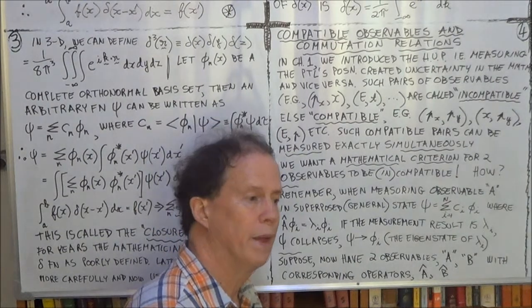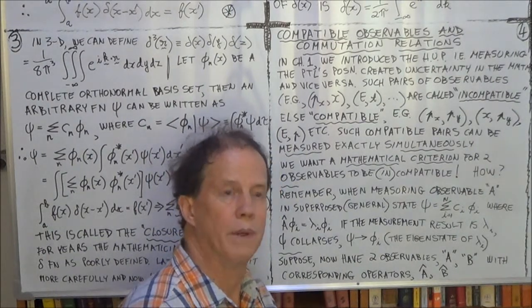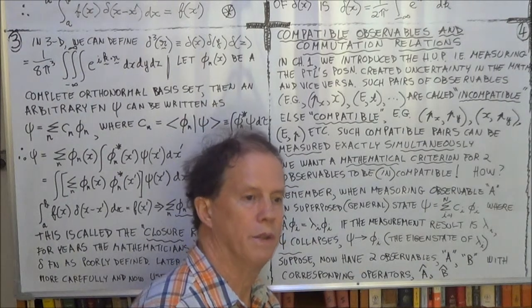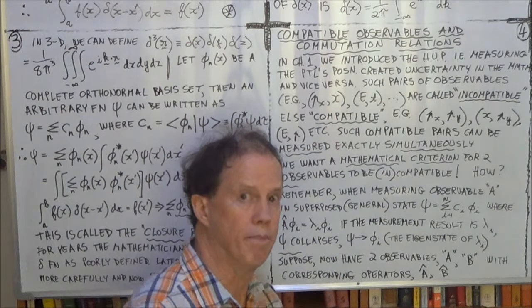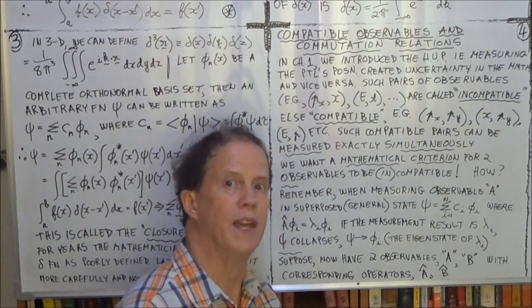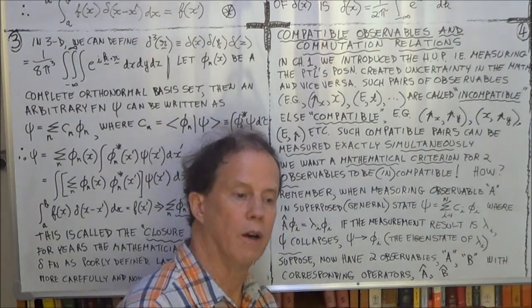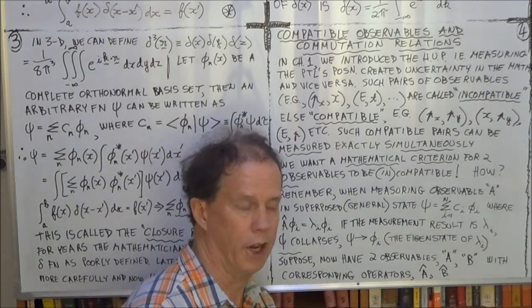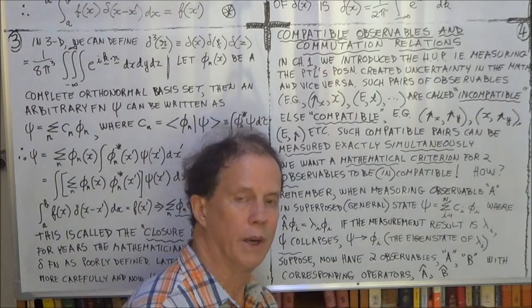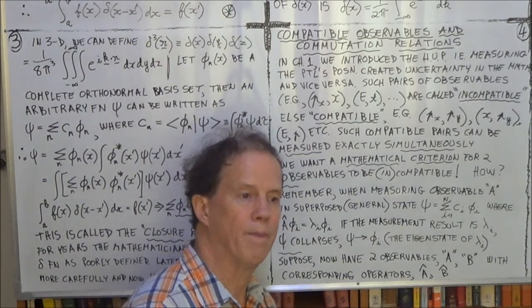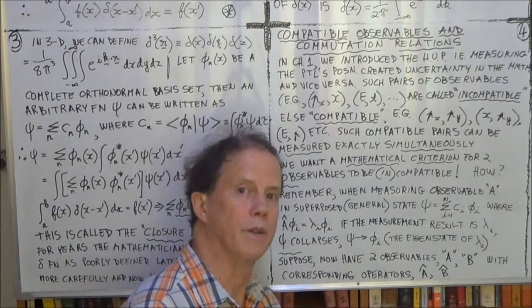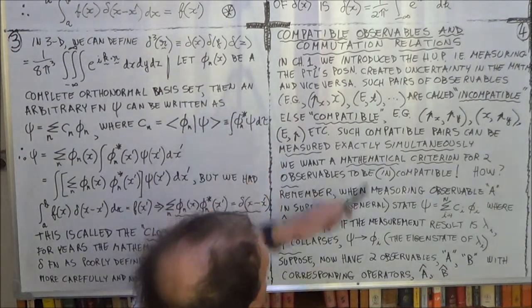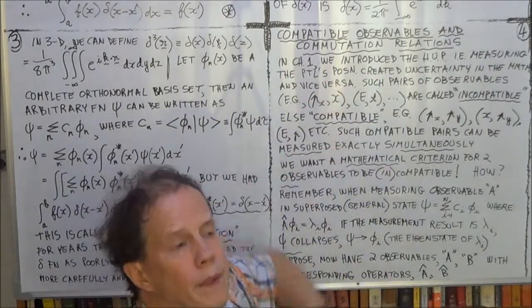If you remember, you cannot measure with infinite accuracy both the position and the momentum of a particle. When you try to measure the position very accurately, you disturb your particle so much that its momentum uncertainty increases. So there's a kind of trade-off. We'll be talking about that.